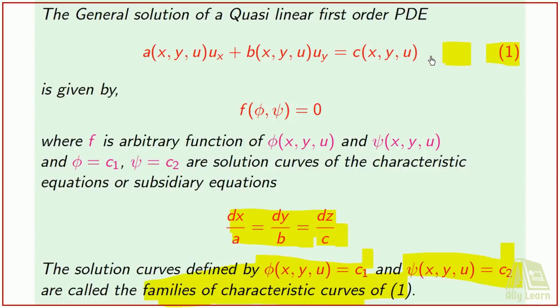PDE. So for this initial first order quasi-linear PDE, first of all we calculate these subsidiary equations, then we find two solutions, phi equal to C1 and psi equal to C2 of these equations, and then we take an arbitrary function of phi and psi, and this will be the general integral of this first order quasi-linear PDE, and the solution curves phi and psi are also called the family of characteristic curves of this initial partial differential equation.